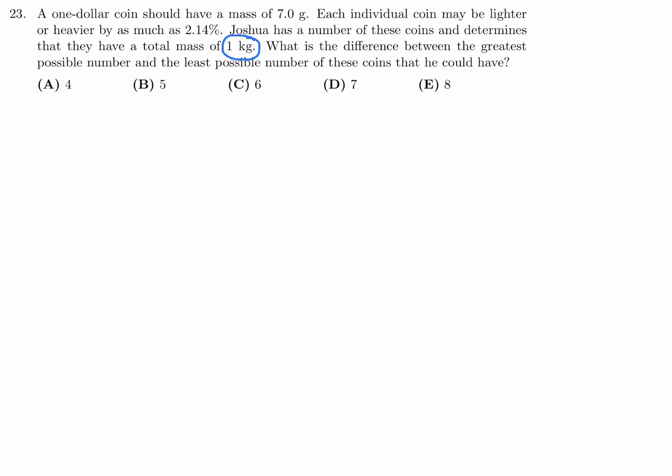The word exactly is missing here, and I'm pretty sure they should have put that, a total mass of exactly 1 kg. And I'll talk a little bit about that soon. But first, let's just figure out what is 2.14% of 7. It is 0.1498.